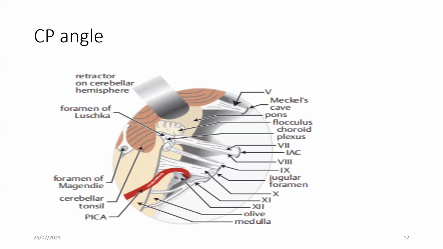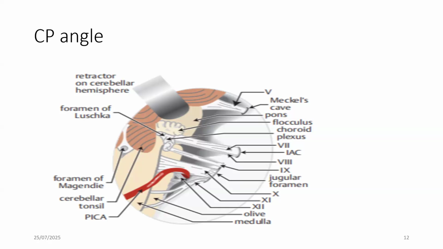One notable point here is that the entry zones of these structures in the brainstem are always constant. The anatomy is constant, meaning that no matter what, once the surgeon locates the brainstem, these structures are always there.